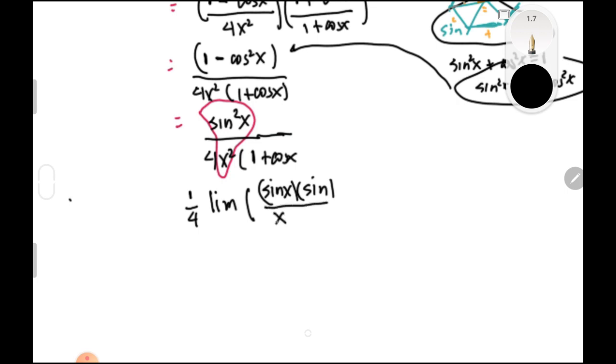divided by x multiplied by x, multiplied by 1 plus cosine x.